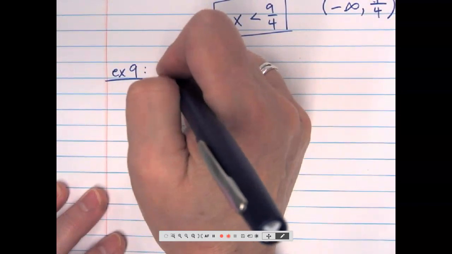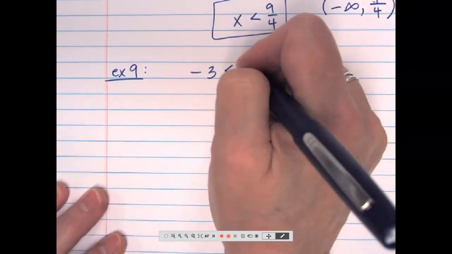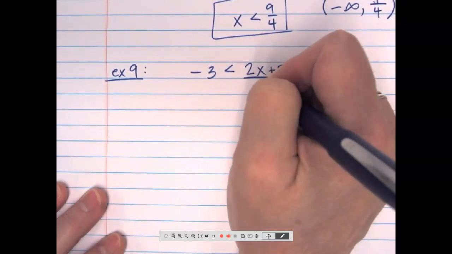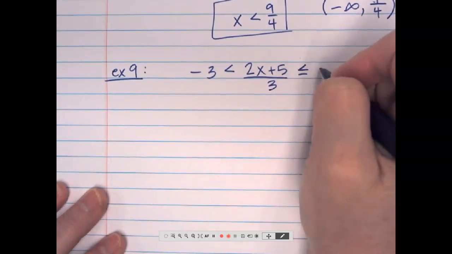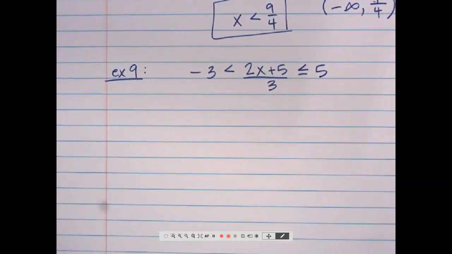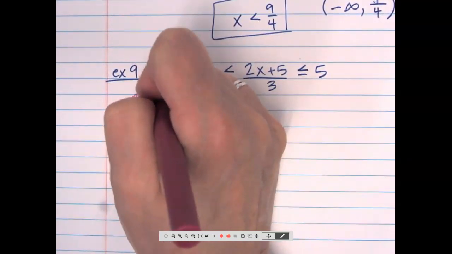All right, solve. Does anyone know what this is called when I have more than one in a statement? This is a compound inequality.